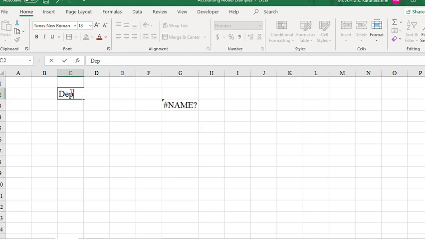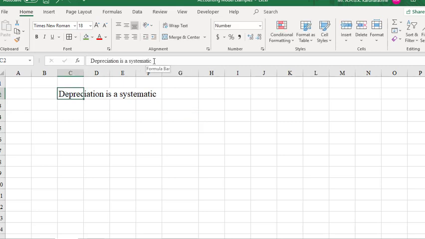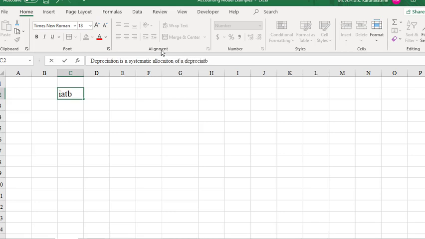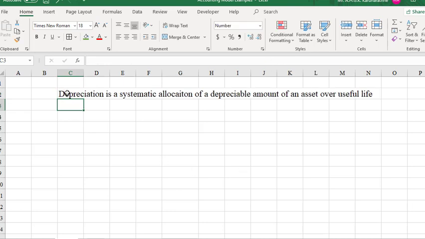Depreciation is a systematic allocation of a depreciable amount of an asset over its useful life. These are technical definitions, but it's not needed at all.